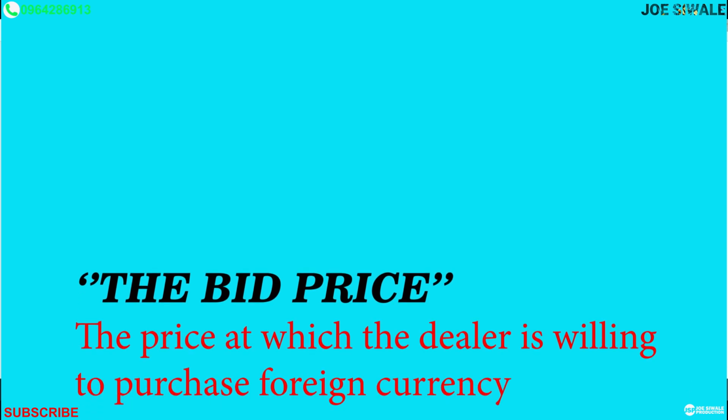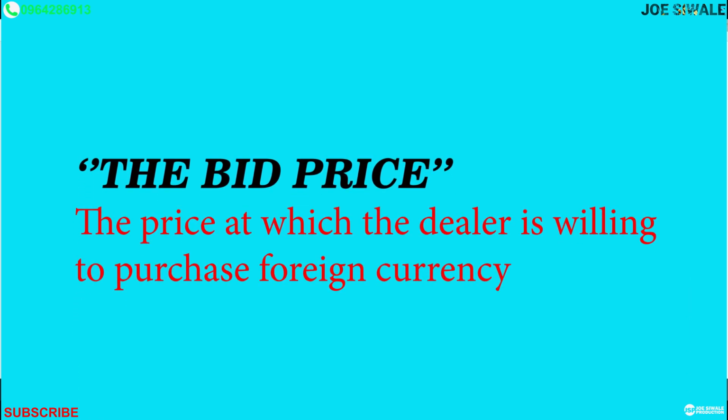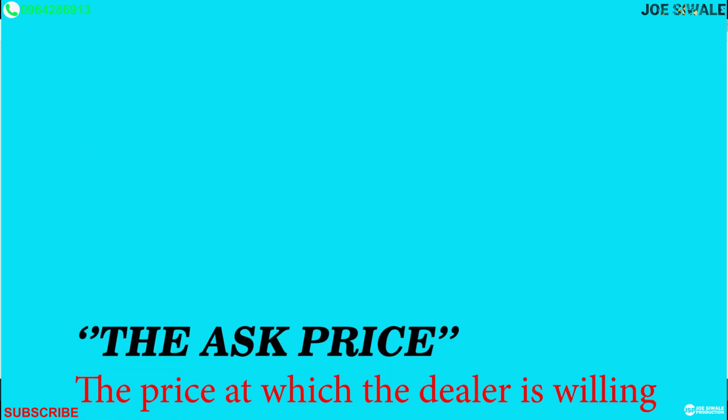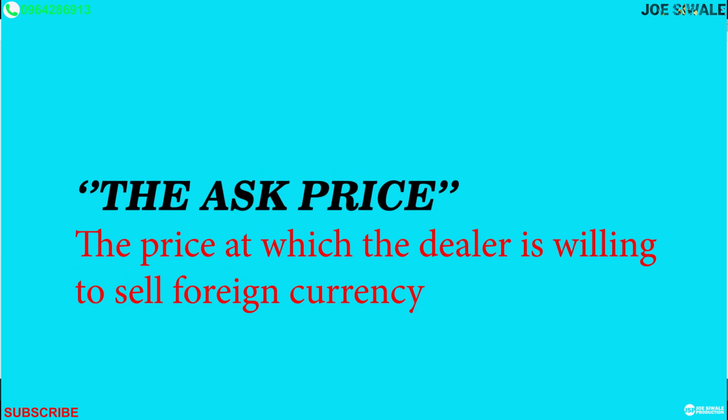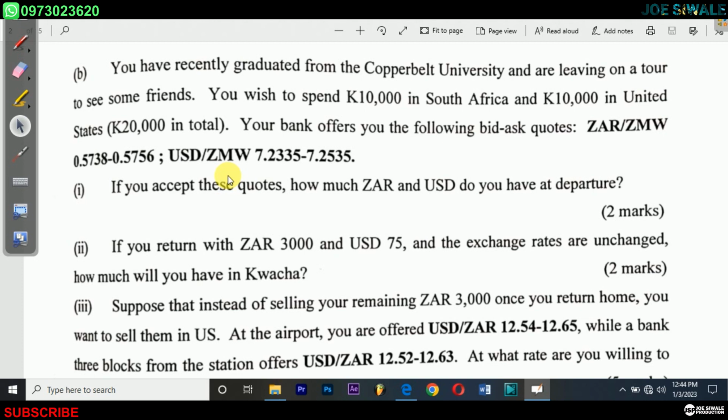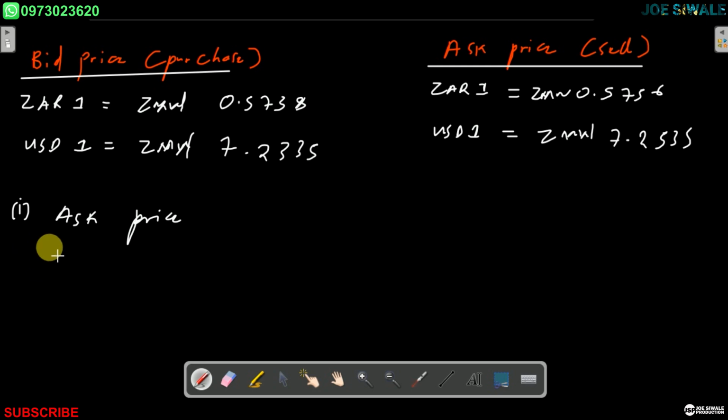You have said that the bid price is the price at which the dealer is willing to purchase the foreign currency, and the ask price is the price at which the dealer is willing to sell the foreign currency. So there we're going to use the ask price, since the bank is going to sell you the foreign currency. So for lemma number 1, we use the ask price.